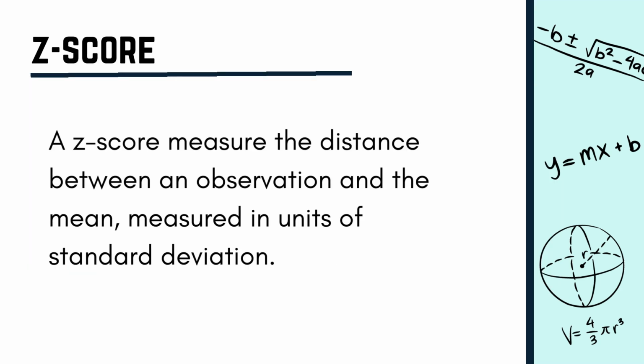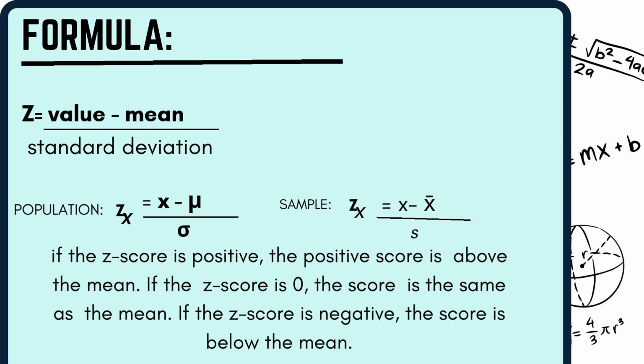Okay, let's proceed. A z-score is a measure of the distance between an observation and the mean. It is measured in units of standard deviation. We're going to use this formula, which is the value minus the mean, all over the standard deviation.